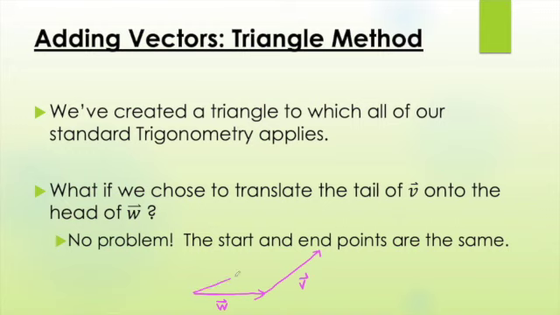What is your final result? Well, it's just v plus w this way, which means that the start and the end points are the same. Is it the same? Yes, it is. Okay, so it doesn't matter which way you choose to do it. Either way is going to give you the same endpoints, and the same resultant vector, which is exactly what you want.